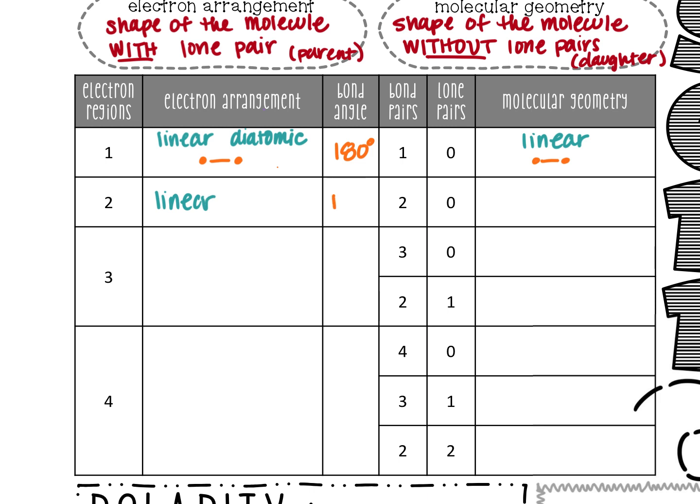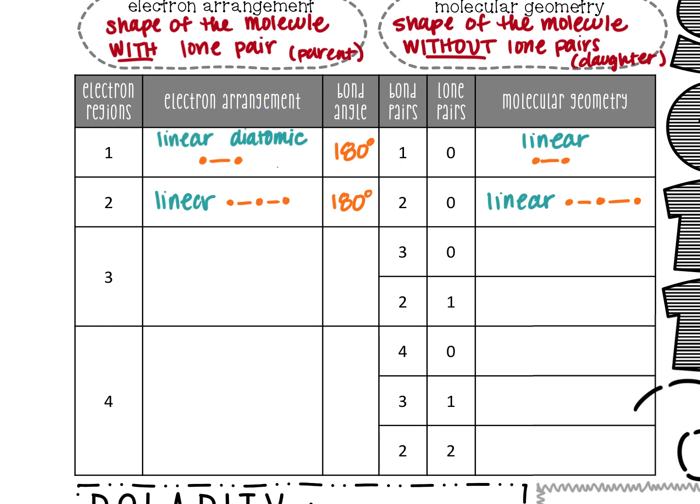It is also 180 degrees, and its molecular geometry is also linear, where instead of two together, this one has a central atom that has two electron regions around it. Again, a central atom has two electron regions around it. Bond pairs, bonded electron regions.